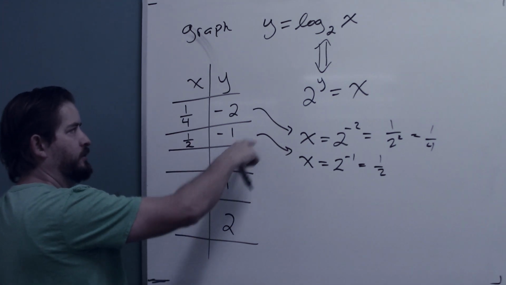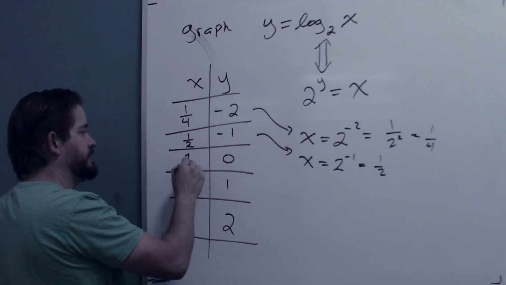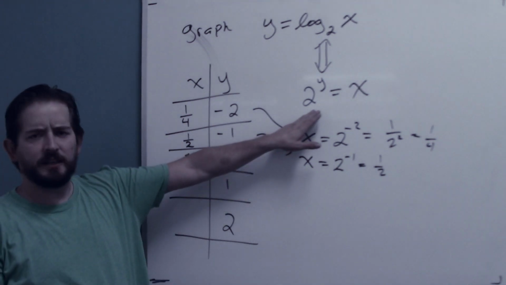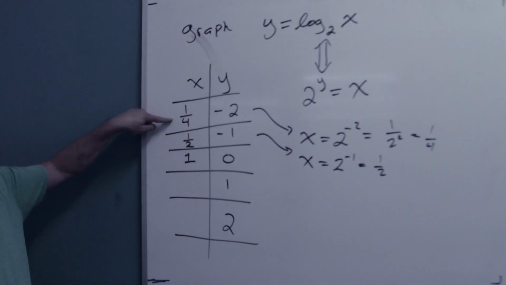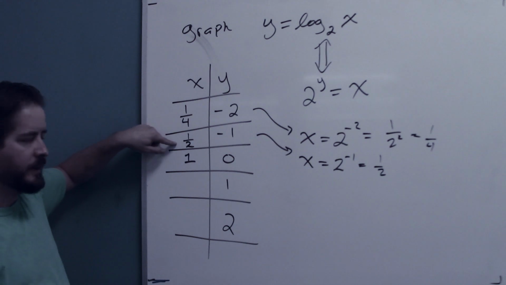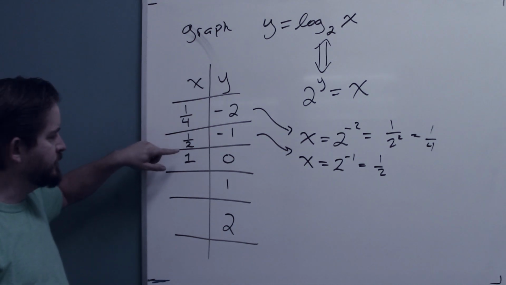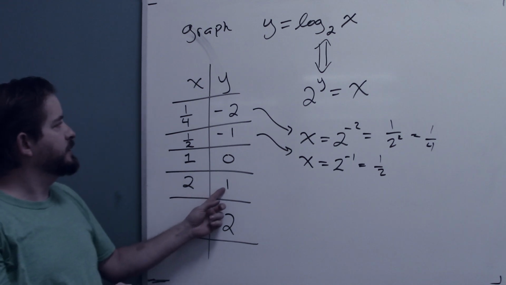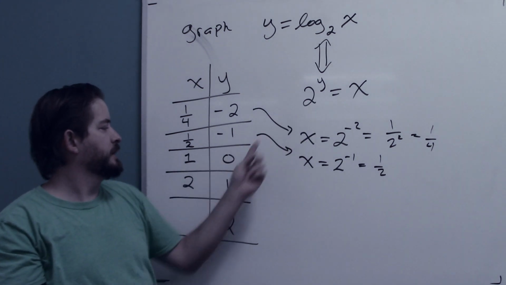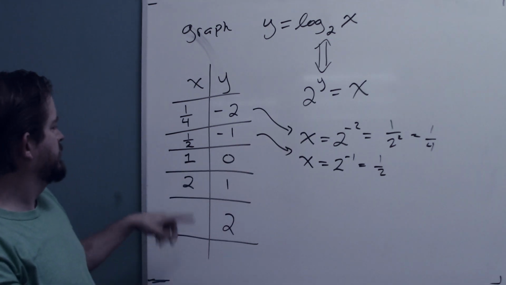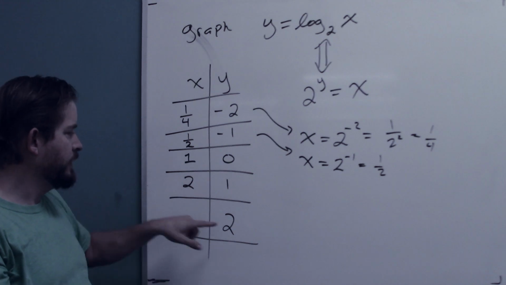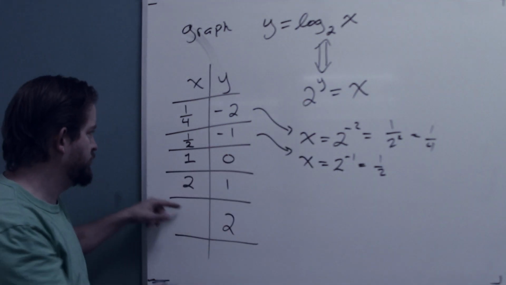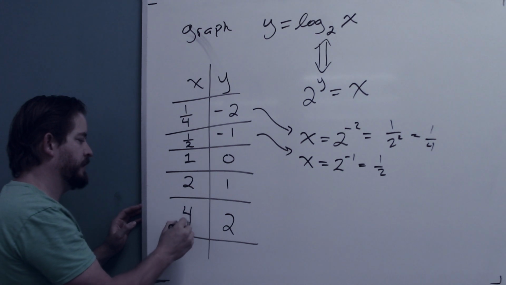If y is 0, x is 2 to the 0, that should be easy, that's 1. But we saw this exponential relation. 1/4 multiplied by 2 is 1/2, which multiplied by 2 is 1, which multiplied by 2 will give me 2, which makes sense because if y is 1, 2 to the 1 is 2. If y is 2, 2 squared is 4, but again, we're just multiplying by 2 here.